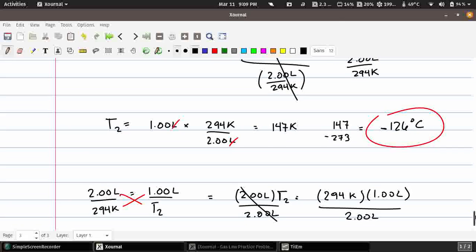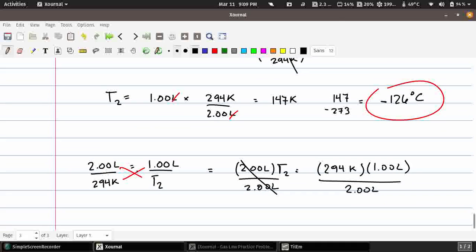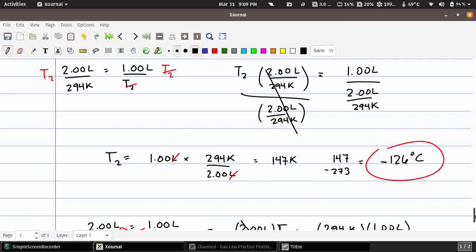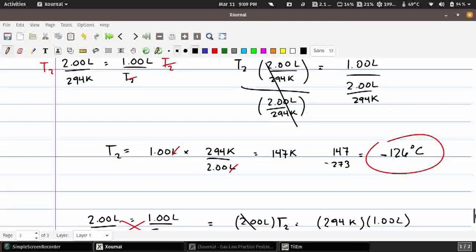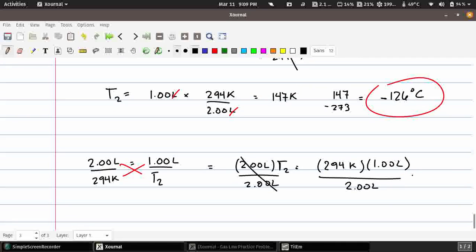Same exact thing. But this isn't really like a math equation or way of solving stuff. It's just a shortcut for doing the same thing I just did. So it's going to give you the same answer. You can use either method you want on a test, just don't make a mistake.